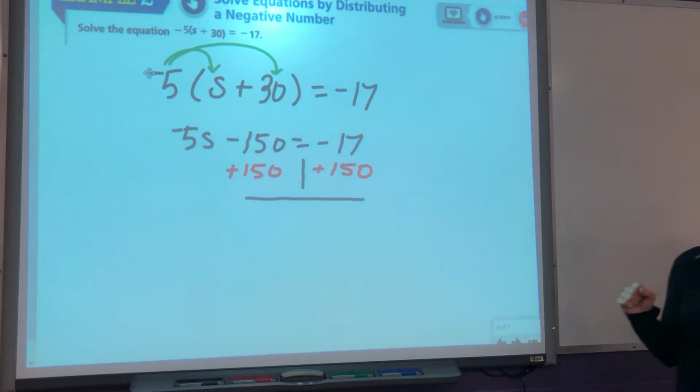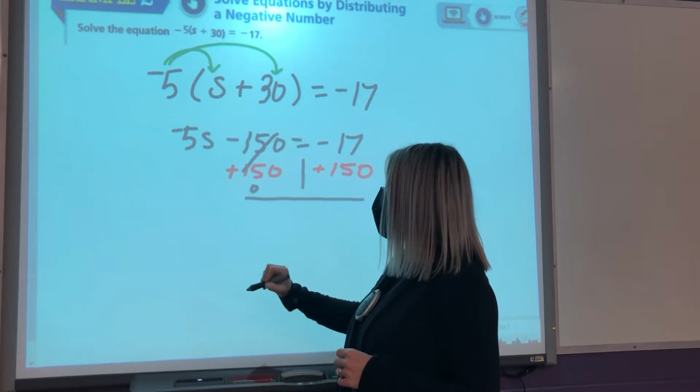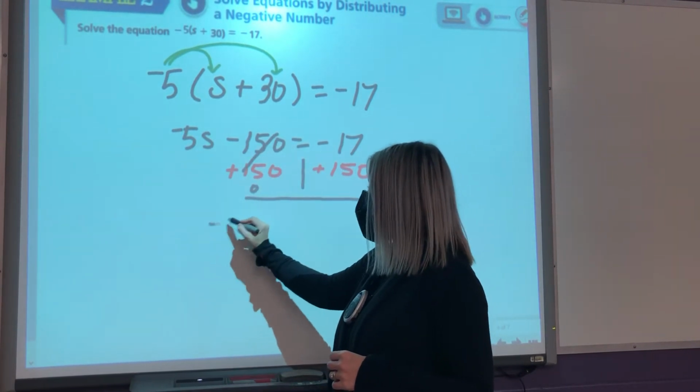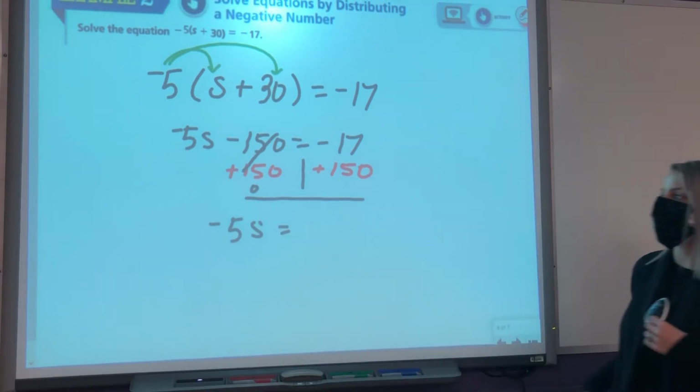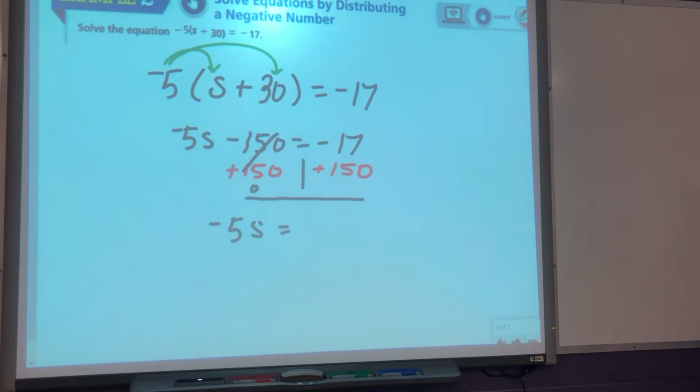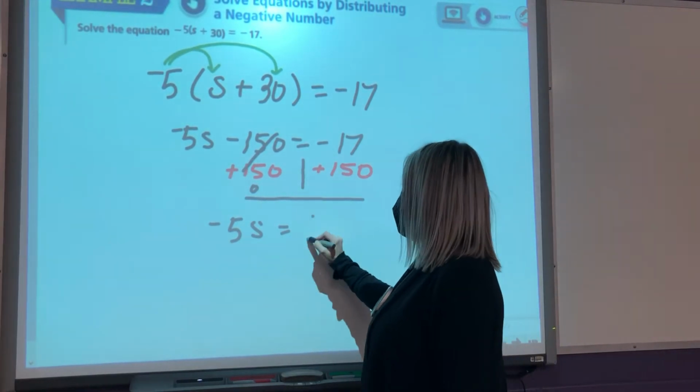Angie? They cancel each other out. Very good. They cancel each other out because that's our zero pair. And then we bring down negative 5s equals, now negative 17 plus 150. Alex? 133. Very good. So 133.